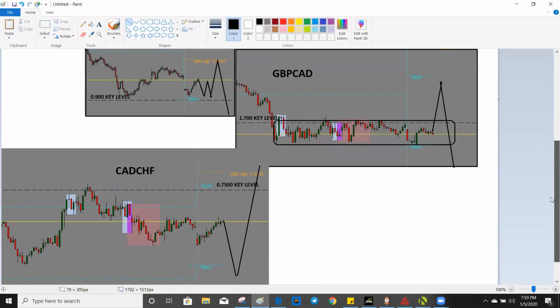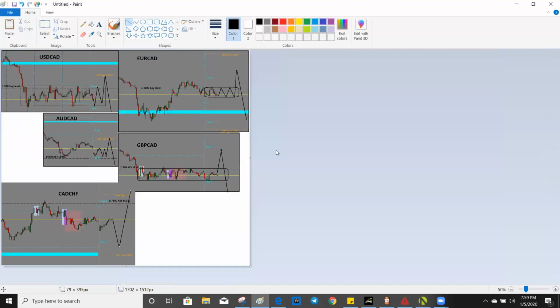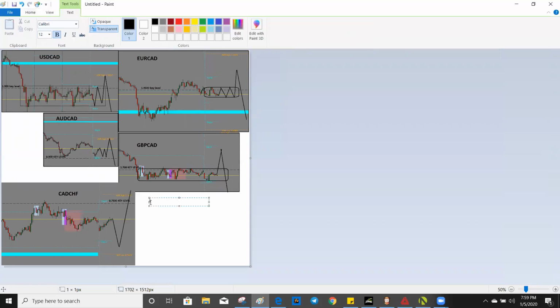Okay. So what you're looking at here possibly for Monday is Canadian crosses, bank trap correlation using key levels, okay?